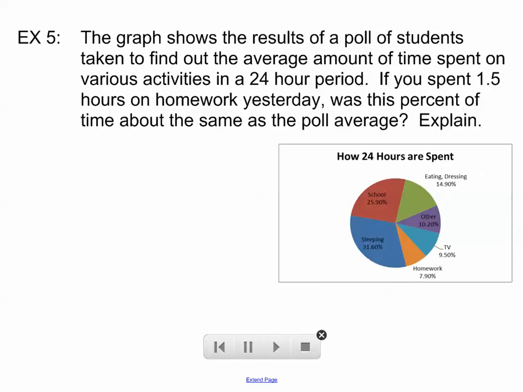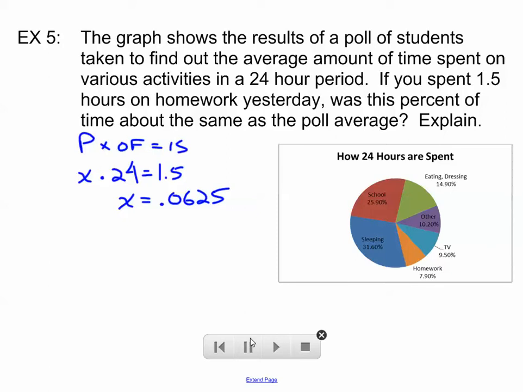The graph shows the results of a poll of students taken to find out the average amount of time spent on various activities in a 24-hour period. If you spent 1.5 hours on homework yesterday, was this percent of time about the same as the poll average? So is 1.5 out of 24 about 7.9%? Well, we can use the percent equation. We're trying to figure out a percent, so that's our variable, of a 24-hour period, 1.5 hours being spent on homework.